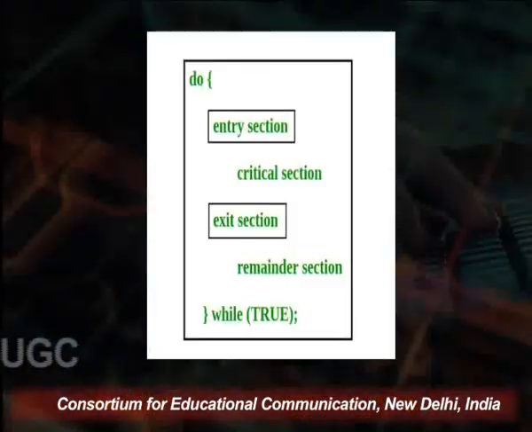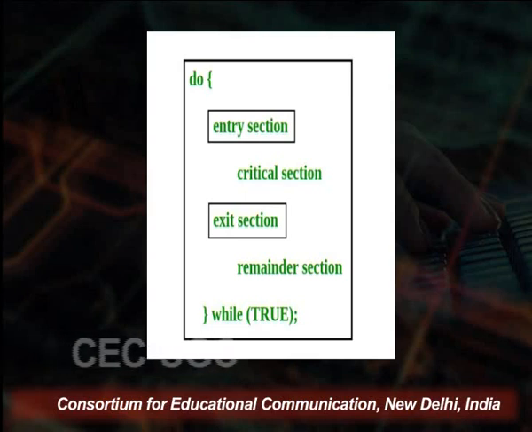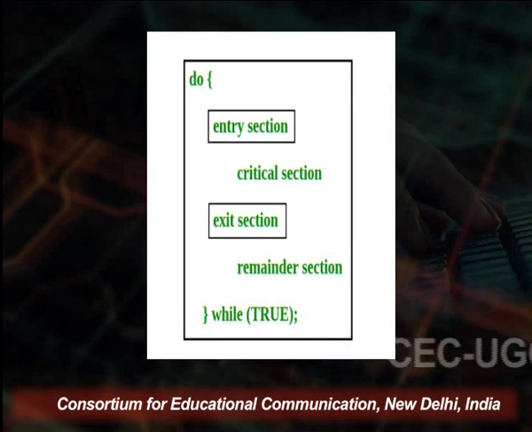Here is a process which has one entry section, then there is a critical section between entry and exit, and after the exit section there is a remainder section, and this whole process goes on while true, that means while your process is going on, this whole scenario is repeated.